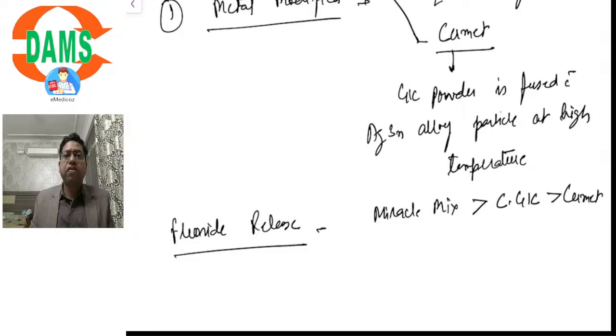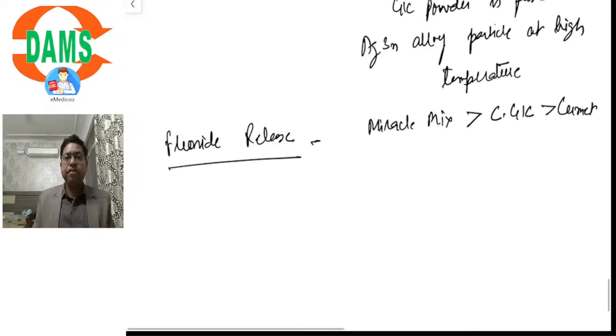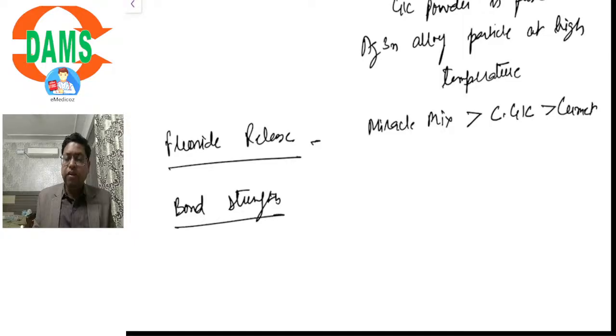The amount of fluoride release is minimum with CERMET, maximum with miracle mix. If we talk about bond strength, then bond strength of all three are comparable. There is no significant difference in the bond strength.